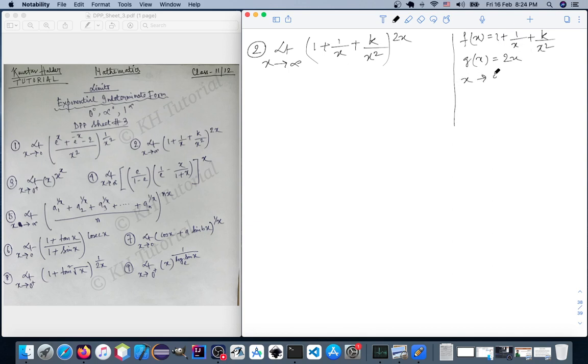So x tends to infinity implies f(x) is tending to 1 plus 0 plus 0, tending to 1. So f(x) is tending to 1, and since x is tending to infinity, g(x) will also tend to infinity. So therefore the form is 1 to the power infinity form, and we can directly use the formula.